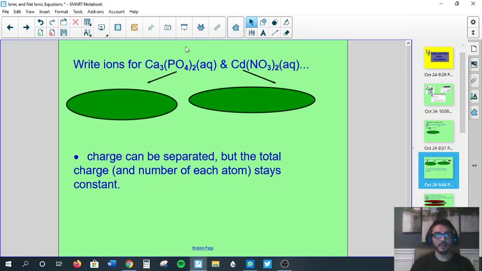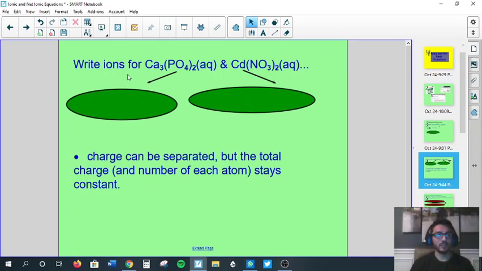Let's write ions now. For these two, we have calcium phosphate and cadmium nitrate, both aqueous. Let's write their ions. I'm going to ask questions. It's going to seem kind of funny since I have no one around me right now to answer these questions, but think about what the answer is. So how many calcium ions are there and how many phosphate ions are there? Go ahead, say the answer in your head or out loud.